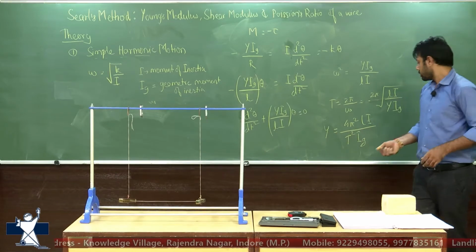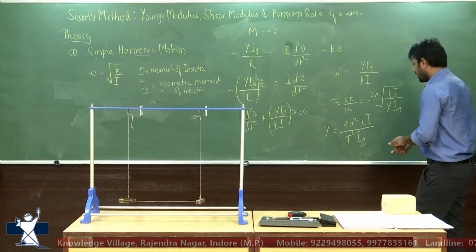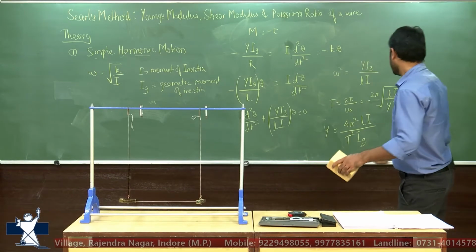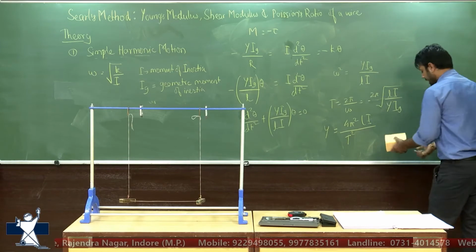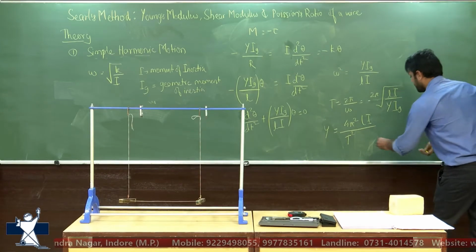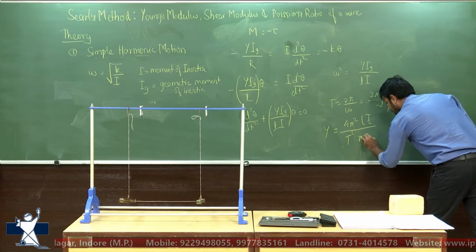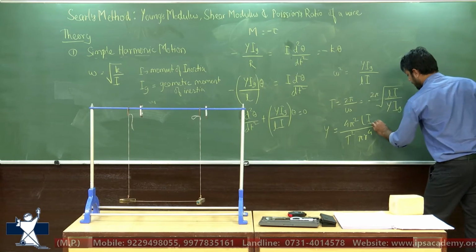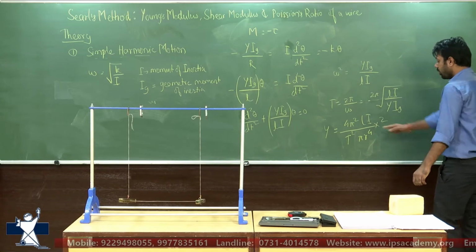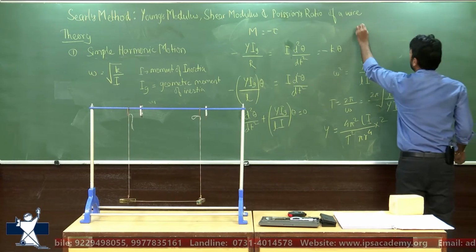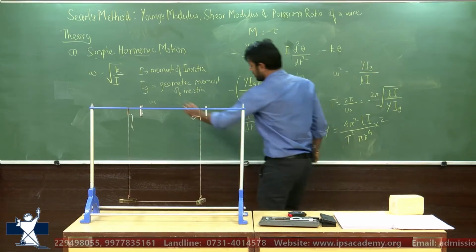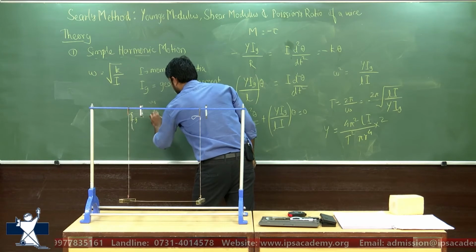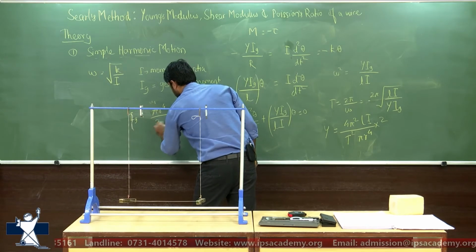Okay. So I am going to put one more detail here. So Ig is for a wire or a cylinder, we can measure it, but I am going to put it directly here. Simply it's pi r to the power 4, where r is the radius of the wire, divided by 2. So basically your Ig for a cylinder is equal to pi r power 4 by 2.